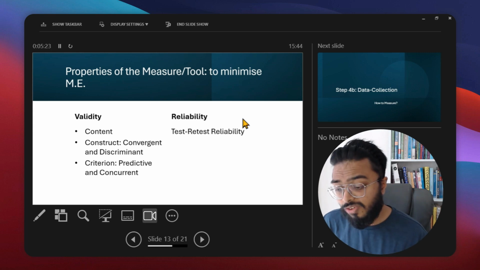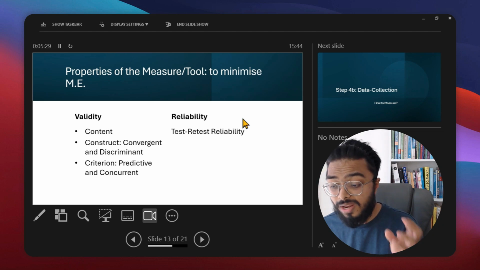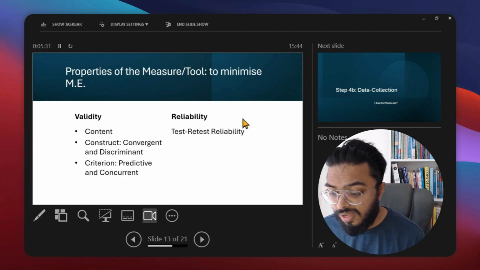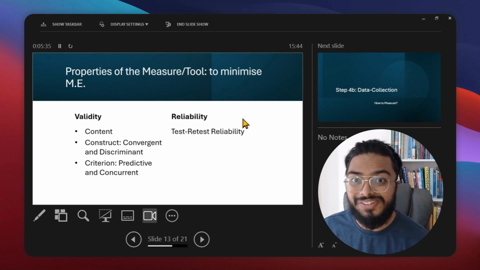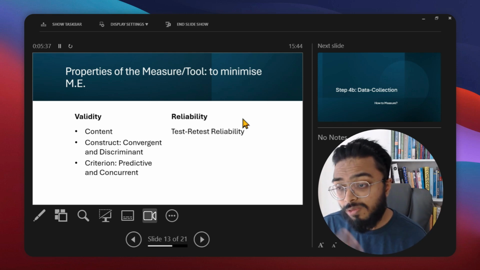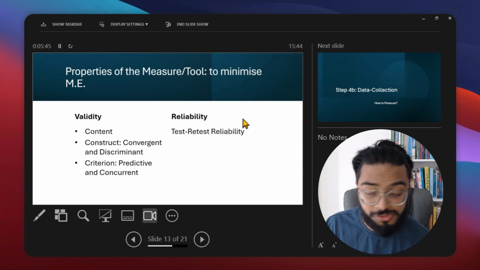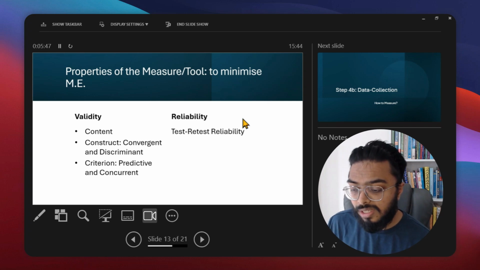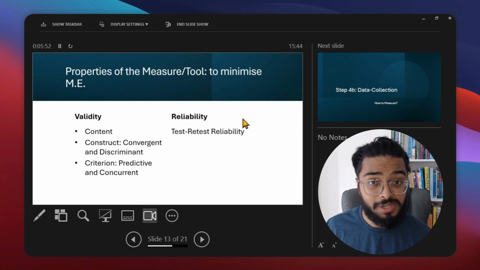The next one is criterion validity, where we evaluate how well one measure predicts an outcome based on another measure, which is the criterion. There are two types: predictive validity and concurrent validity. Predictive validity is, for example, a test which predicts future outcomes. For example, the SAT scores predicting college GPA.